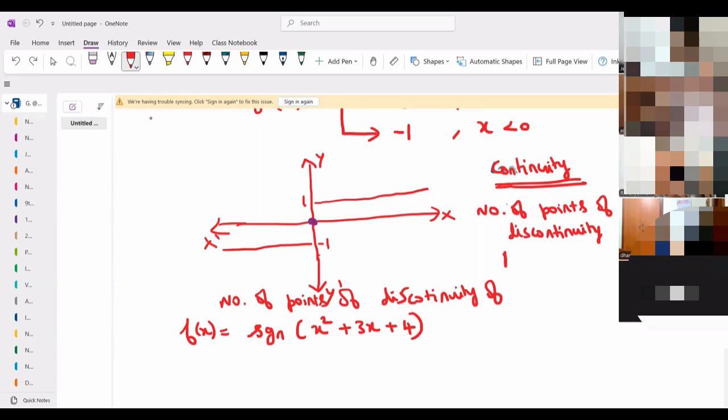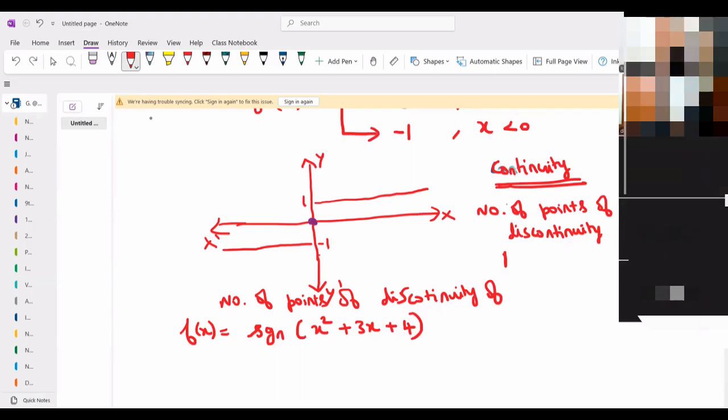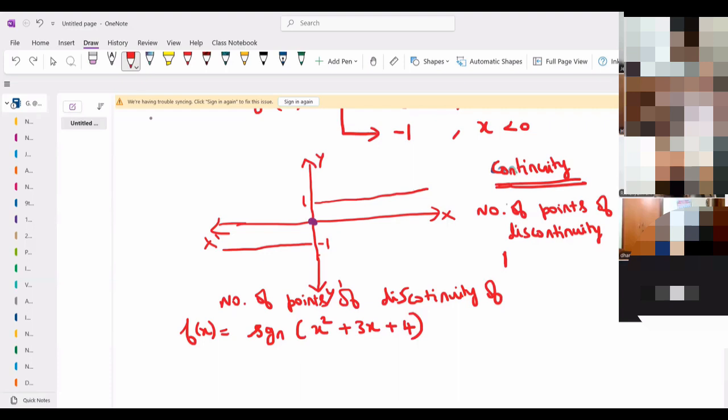Yes, sir. So can you comment about this x square plus 3x plus 4 and the kind of values it can produce? So would it be the solution of the quadratic equation? Good. So do you have a solution for this quadratic, Vidyutra?